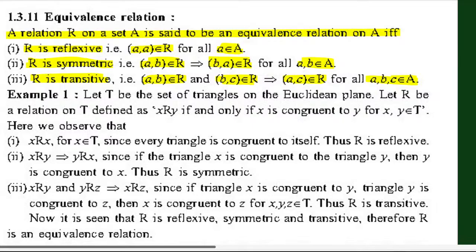So let's see an example. Let T be the set of triangles on the Euclidean plane. Euclidean means two-dimensional plane.